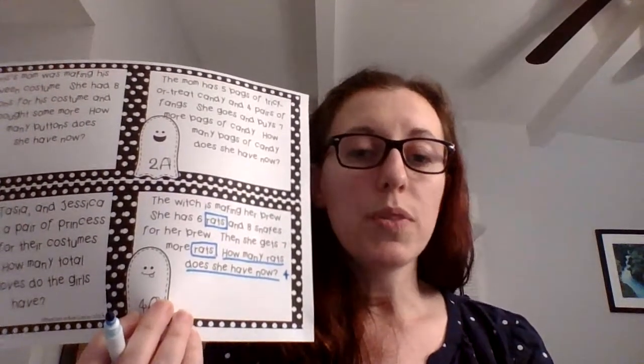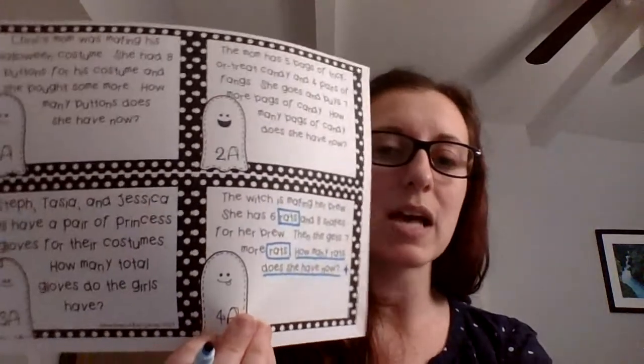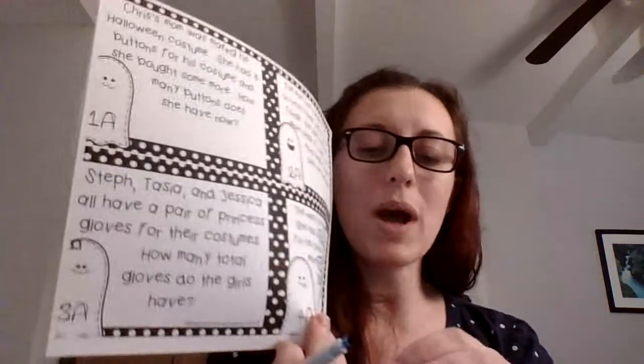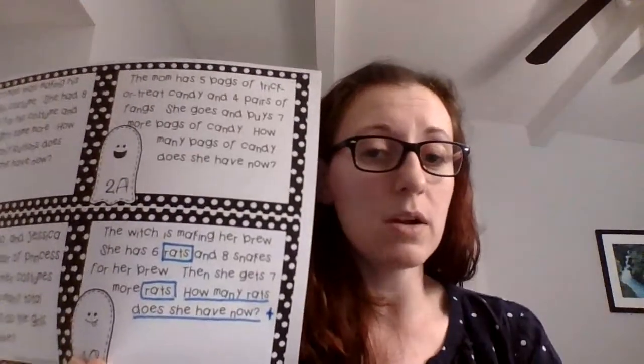So the extra information is inside the brew, it says she has snakes. But the question doesn't ask you about snakes. So we don't really care that she has snakes. So I'm going to cross off and 8 snakes, even though it has a number.